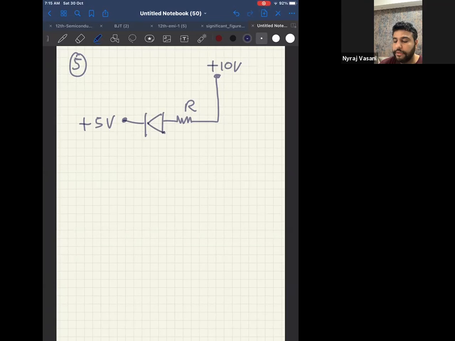You have to find out whether this is forward bias or reverse bias. Start. Okay. Nikhil correct, Lavnish correct, others try to answer. Soumya correct.